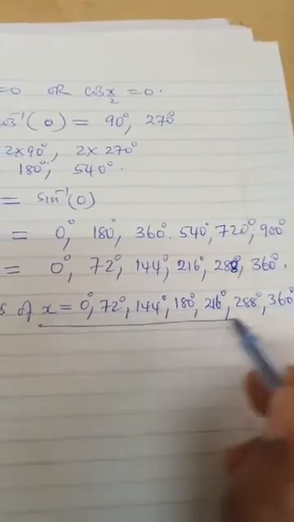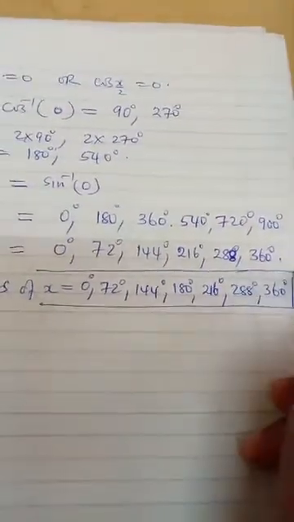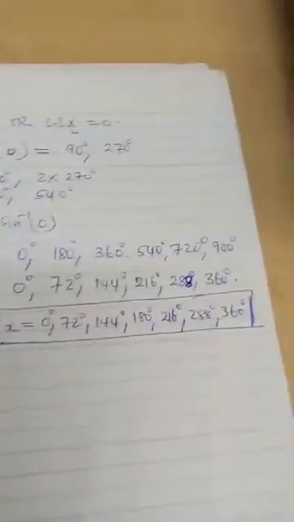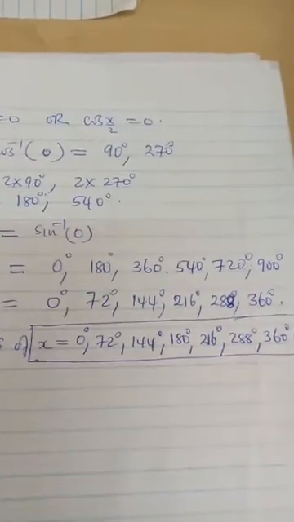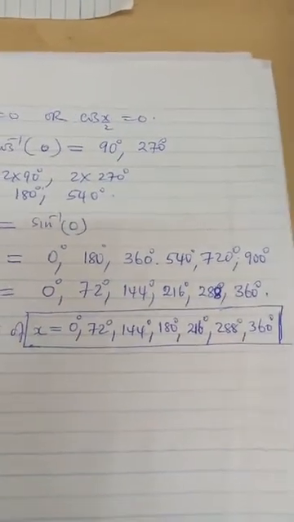These will be the correct values of theta for the solution of number 17 of exercise 17H: 0, 72, 144, 180, 216, 288, and 360.